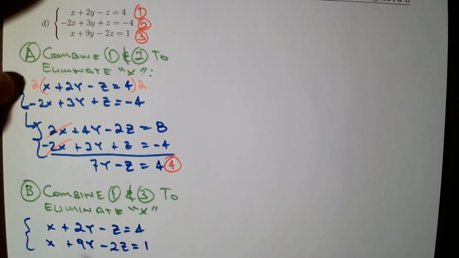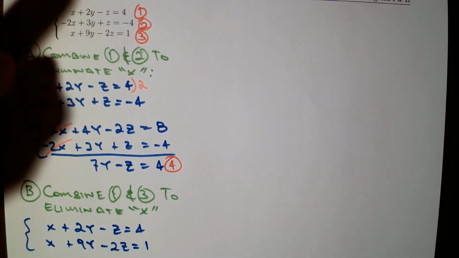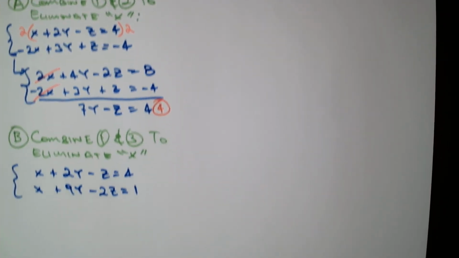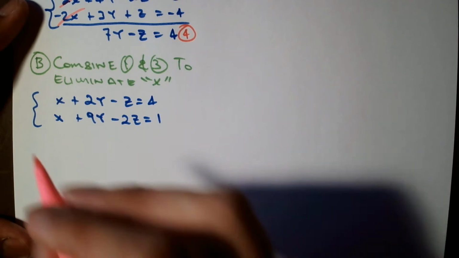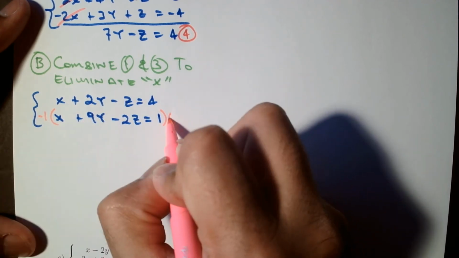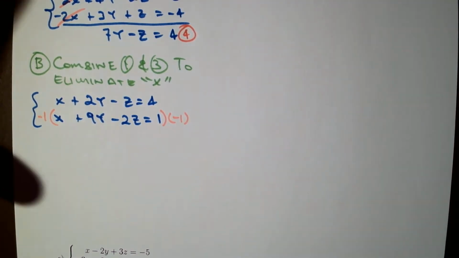Alright, so all we need to do here is, either way, you can multiply the first or the second equation by negative 1. That's going to do it. I'm going to do the second one, multiply by negative 1 on both sides.